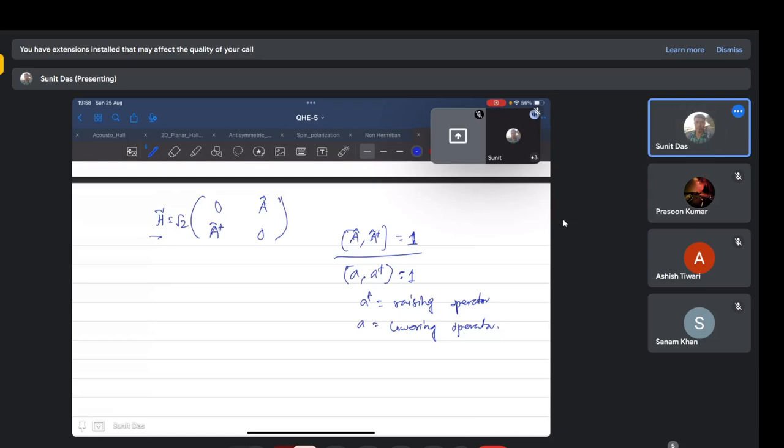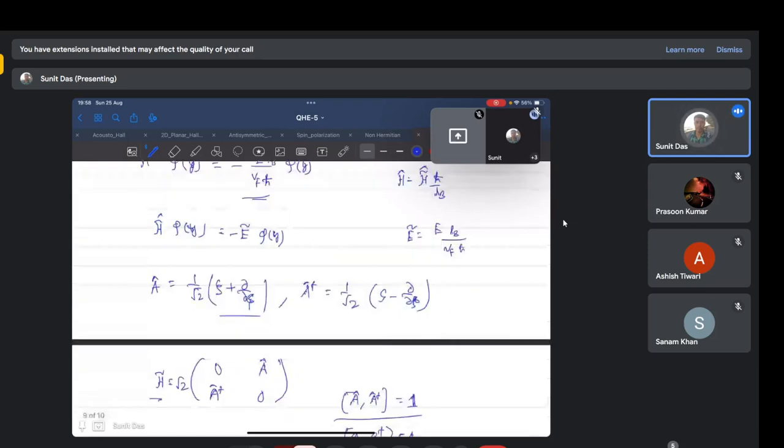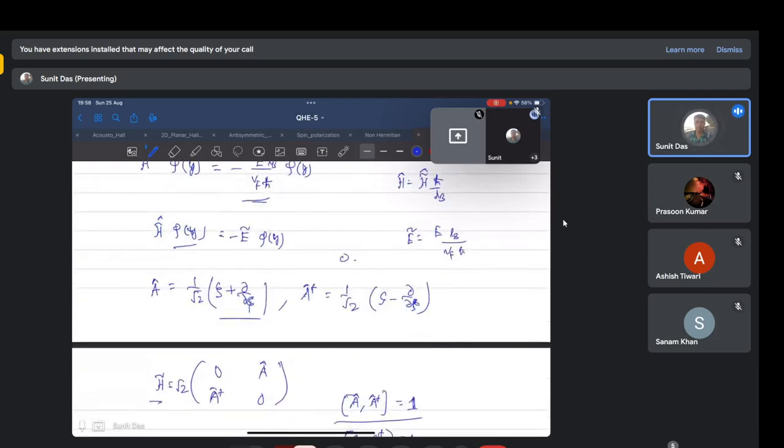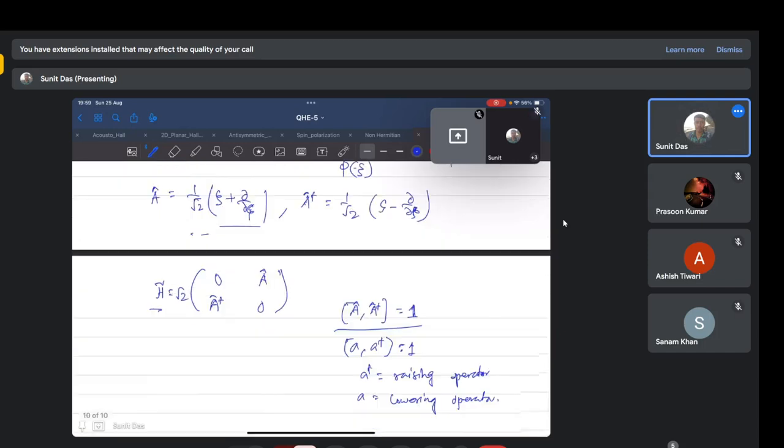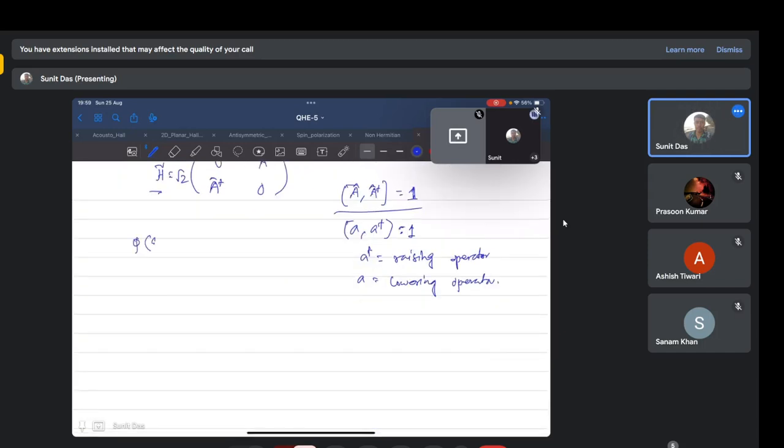And here this phi y will actually be phi xi, right? Because everything is in terms of xi, where xi of course depends on y, and this phi xi will simply be some, let's say, phi a of xi and phi b of xi.